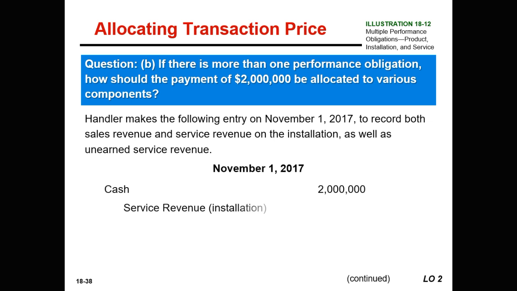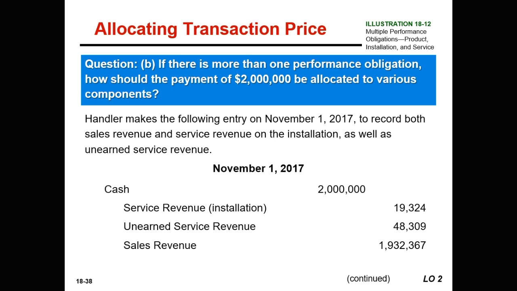We recognize $19,324 in service revenue for the installation. We have $48,309 of unearned service revenue. That's training for the next, I believe, year. I can't recall off the top of my head what that period was. And then actual sales revenue of $1,932,367.